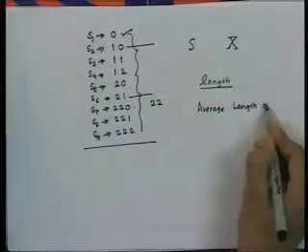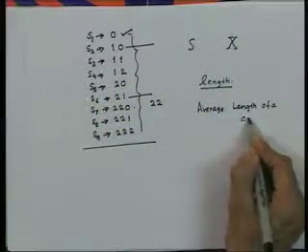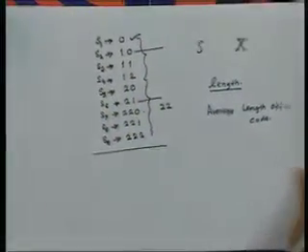What it means is that we should define the length of a code. Now, a code consists of code words, and since each code word could be of different length, we have to define what is known as an average length of a code. So, let us define an average length of a code.